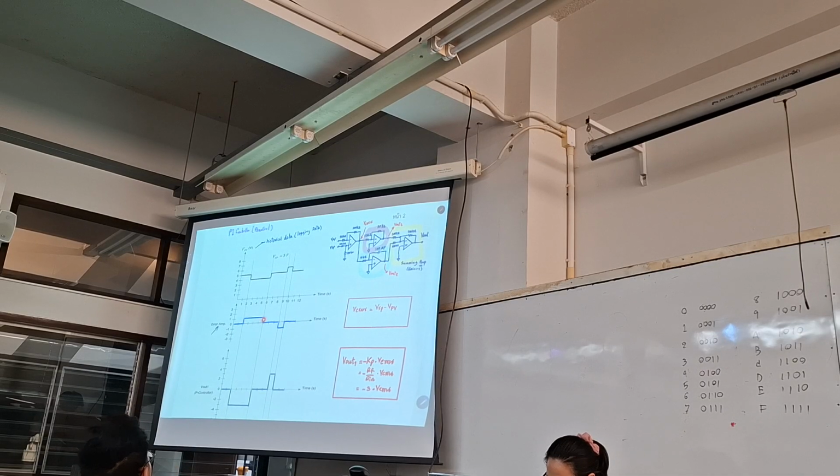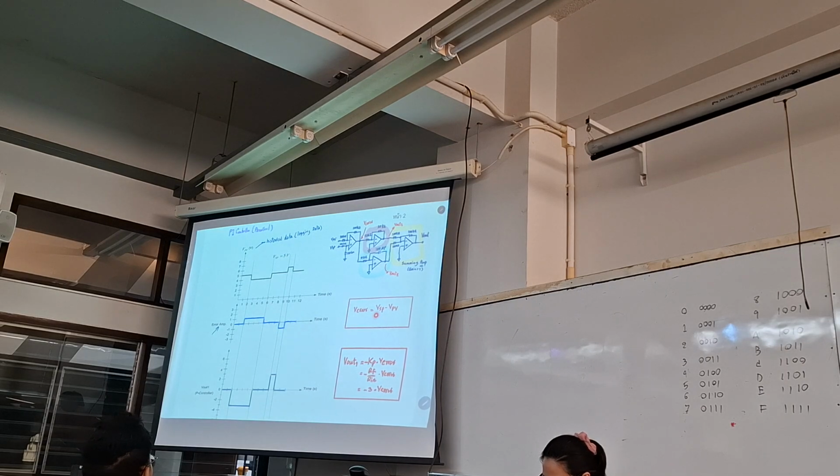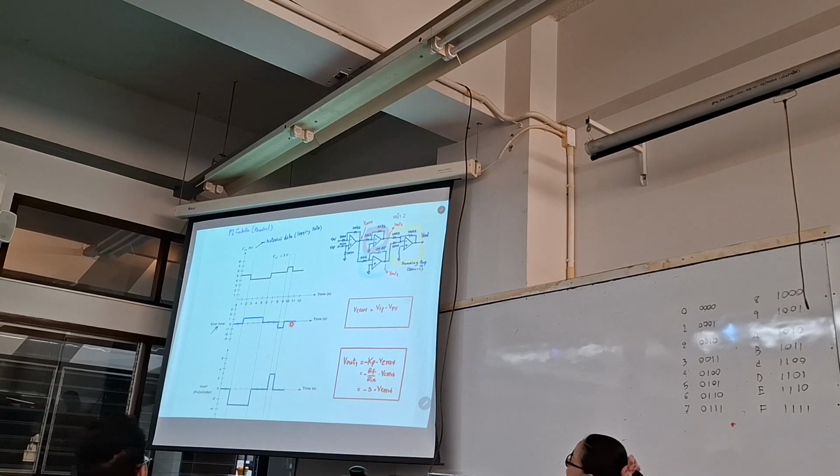Then in the next section, you have a set point of 5 volt minus 4, then you have plus 1. In this section, you have 5 volt minus 5 volt, you get 0. In this section, you have 5 volt minus 6, then you get minus 1. And the last section here, you have 5 minus 5, and then you have 0 voltage.